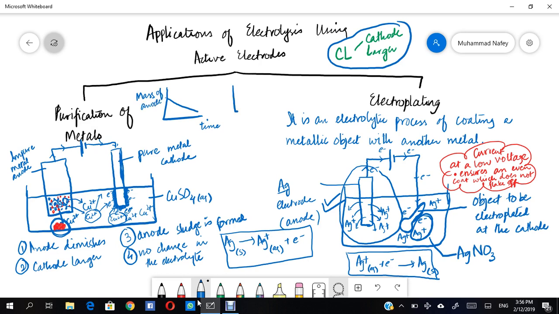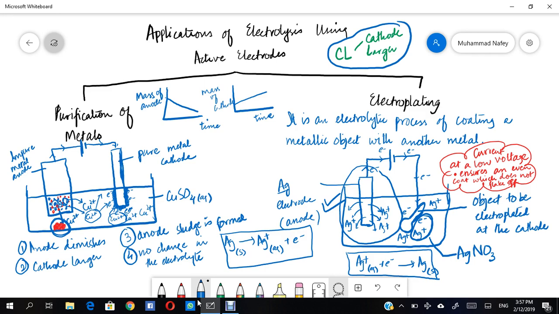Whereas at the cathode, over time, more and more pure copper would be depositing. Therefore, the mass of the cathode would show an increase. However, the decrease in the mass of the anode would be greater than the increase in mass of the cathode.